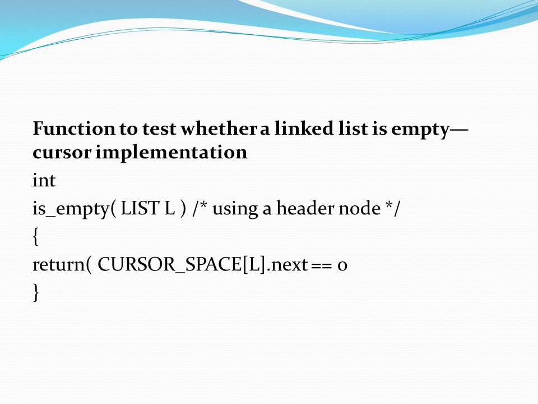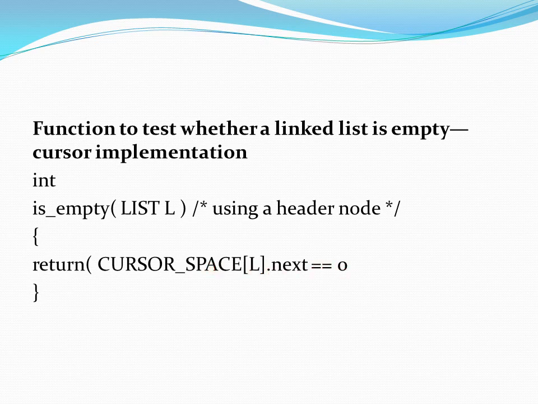Next, function to test whether a list is empty. Int is empty of list L. So here return type is int. So it returns the integer value. Return cursor space of L dot next equal to 0.